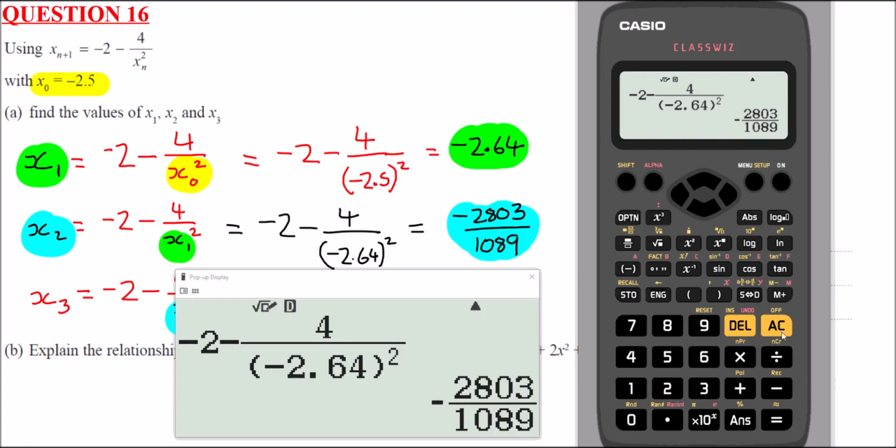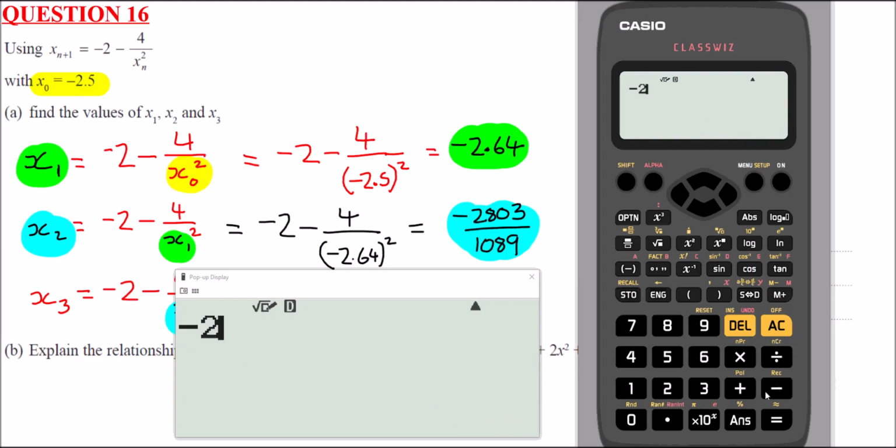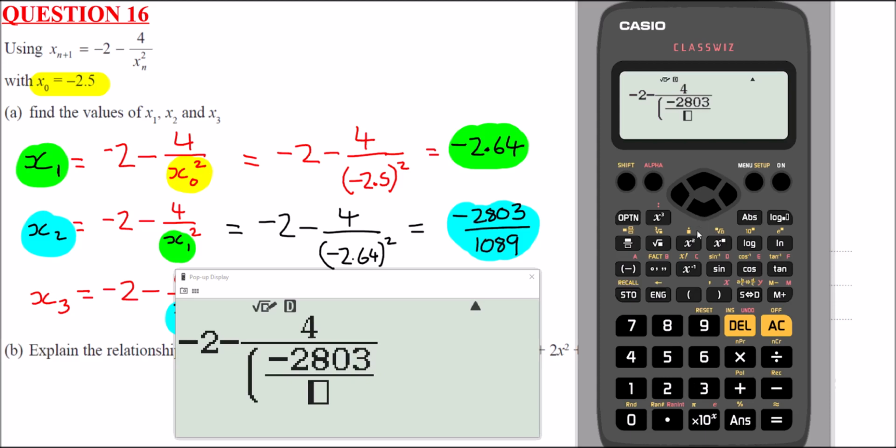So let's calculate this. So minus 2 minus 4 lots. It's a pain, isn't it, having to remember what your previous answer was? Well, bear with me, I'll show you this trick afterwards. Minus 2803 over 1089, all of that squared.